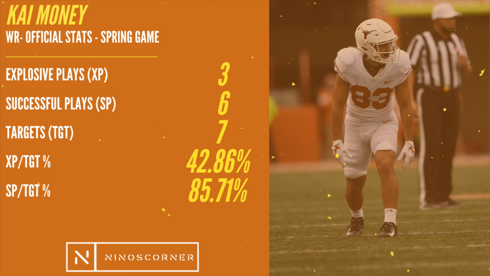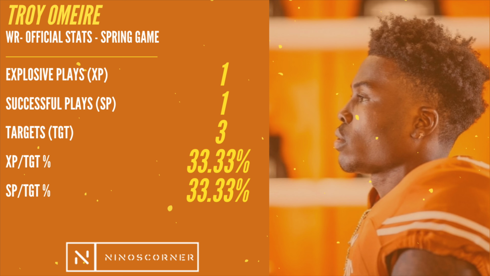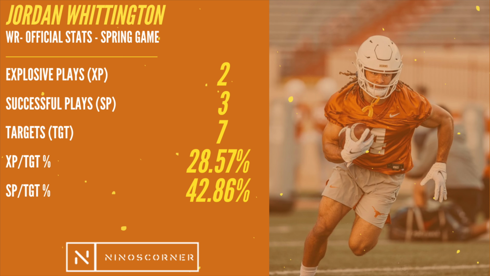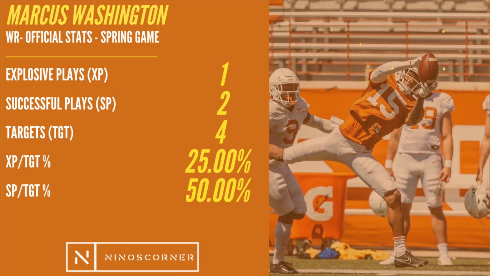We had 2 people tied for that, and that was Troy Murray and Cavante Dixon. 1 explosive play on 3 targets. The next person in line there, guys, is going to be Jordan Whittington at 2 explosive plays per 7 targets at 28.57%. And then it goes down to 25%. Marcus Washington, 1 out of 4 targets.